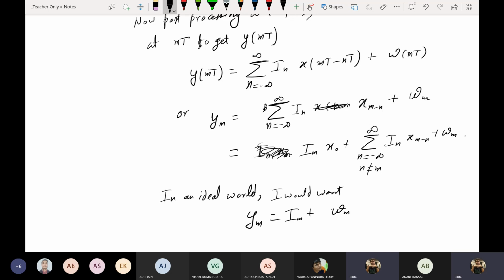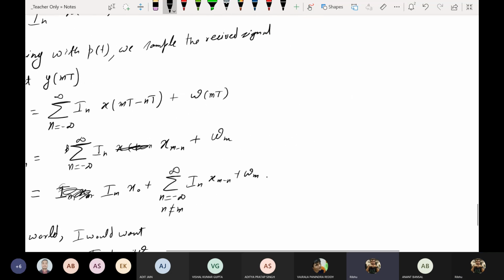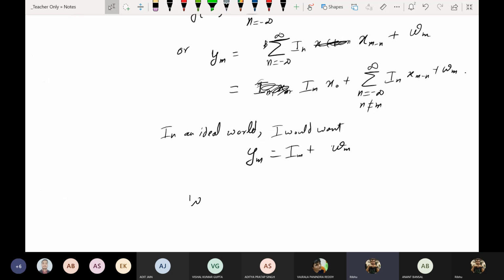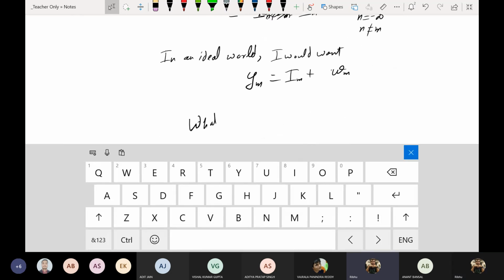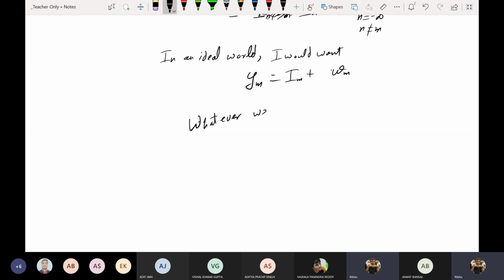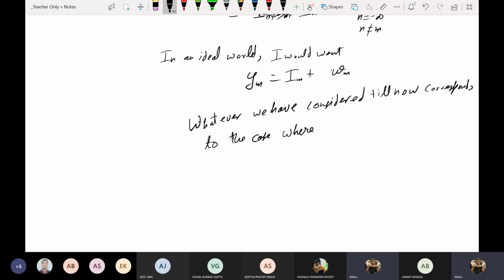So whatever we have considered till now corresponds to the case where x_0 equals 1 and x_k equals 0 for k not equal to 0. You agree on this?